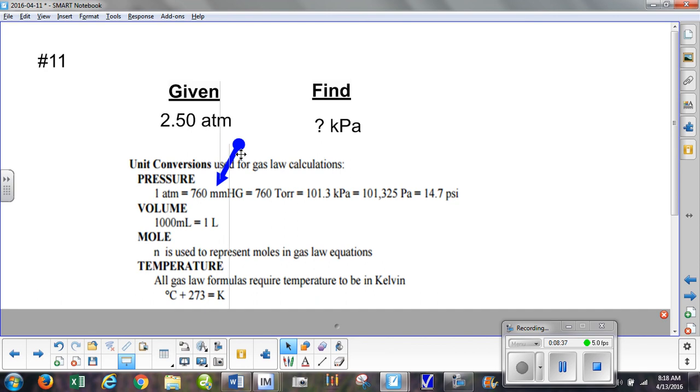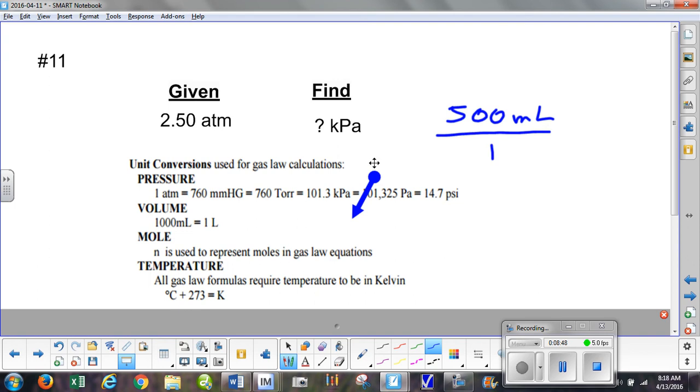If you were given 500 millimeters of mercury, and let's just do that real quickly on the board, 500 over 1, then all we have to do is find out where, not mils, what am I doing? Here we go. This would be 500 millimeters, not milliliters, of mercury, Hg, should be a lowercase g, of mercury.